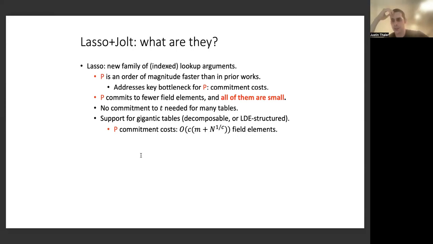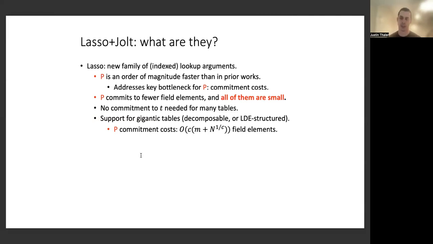Finally, Lasso naturally supports gigantic tables as long as they have some structure to it. I'll say much more about this soon. I mean, people are already doing things like this, but in general, if the table has size n, think of n as like 2 to the 128, the designer can choose some setting of a parameter c, and basically there are two kinds of prover costs.